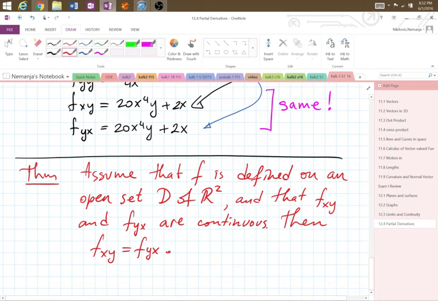So mixed partial derivatives are the same. It doesn't matter whether you find fxy or fyx, and obviously you will opt for the easier calculation, right?